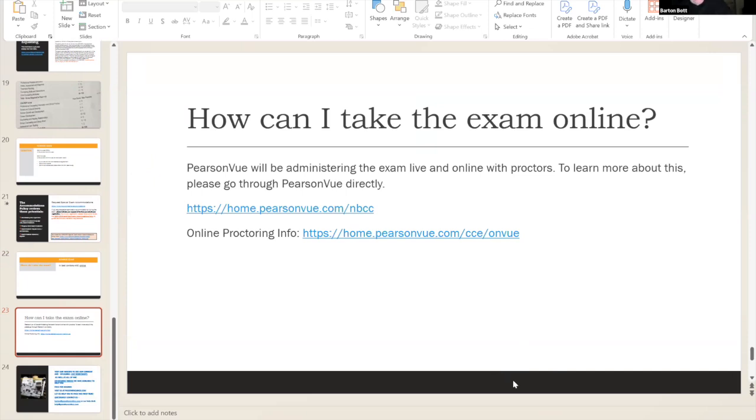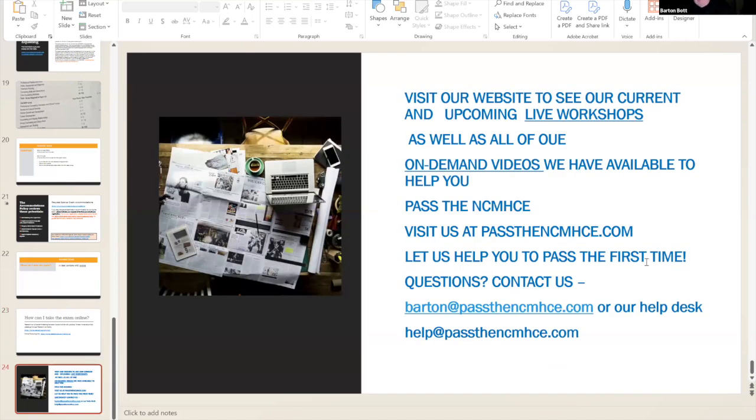It's pretty strict. Some people have loved it because it's alleviated a lot of the anxiety of going to a test center, and others have hated it. It's really case by case. But in any case, you go to pearsonview.com for a test center, and you go to pearsonview.com CCE on view to register to take it online.